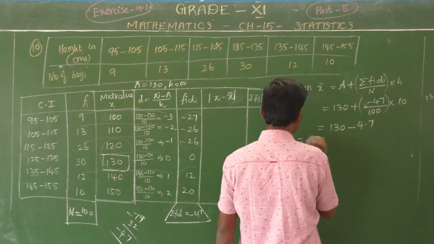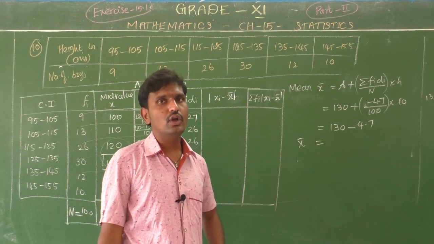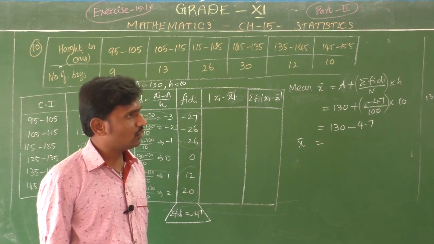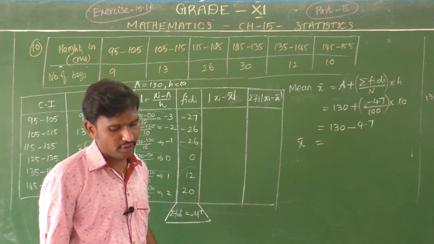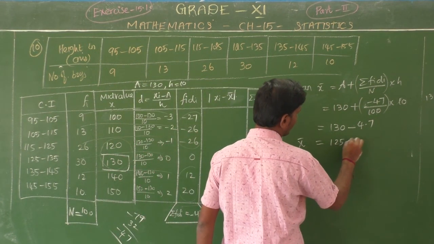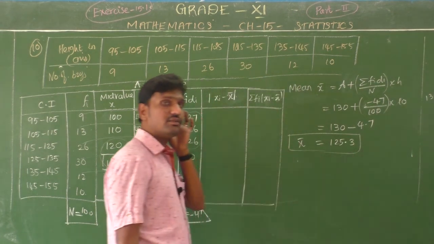Now what is the final value of x bar? x bar equals 130 minus 4.7, which is 125.3. x bar equals 125.3. This is the value of x bar.